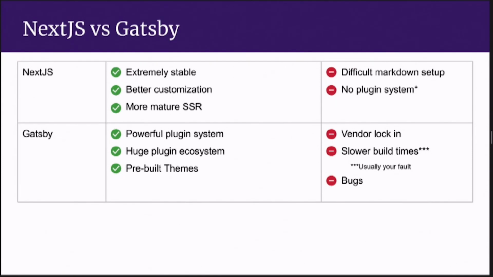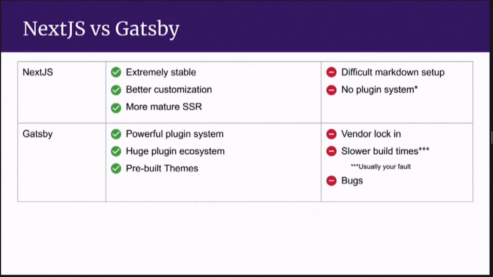The difference is that Next.js has a more mature static site generation, right? They have better customization, they're extremely stable, but they don't have a plugin system. It's a little more difficult, it's a little more homegrown, right? Meanwhile, Gatsby has a super powerful plugin ecosystem, and it's huge and it's awesome, and they have pre-built themes and all sorts of really cool stuff, right?